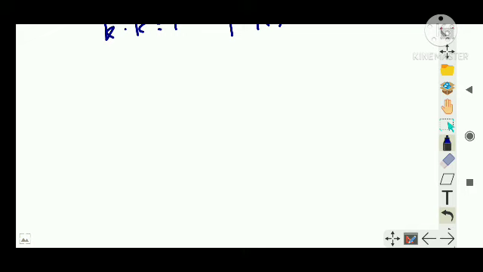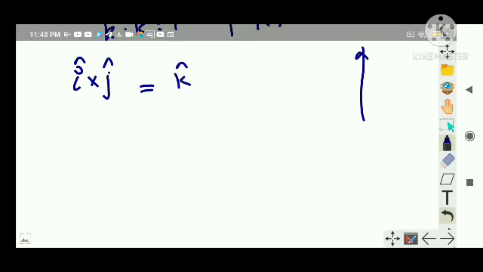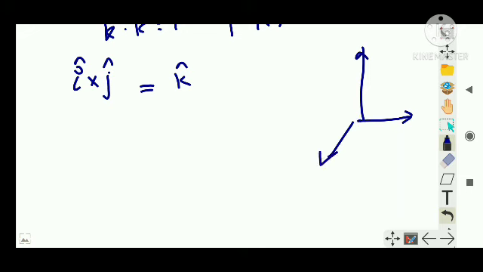Right? Clear? Right. Now similarly there are some rules for it. I cross J is equal to K. It's very easy, guys. See, this is I, this is J, this is K. I cross J is K, right? It's opposite of I and J, right? Now similarly tell me what is J cross K?